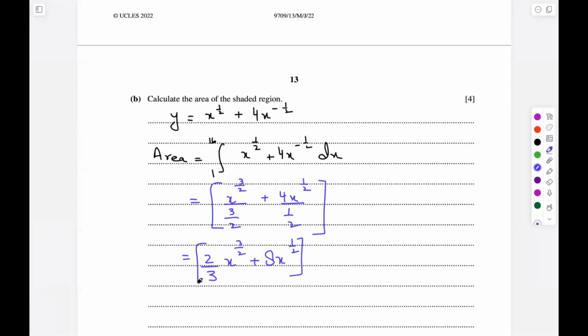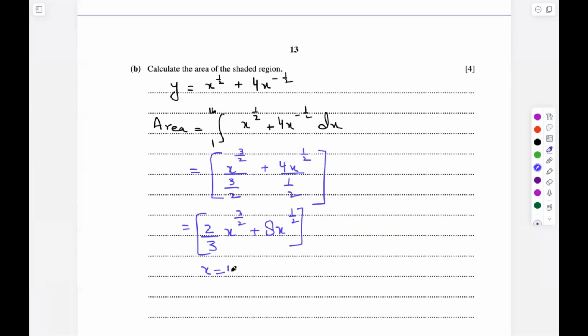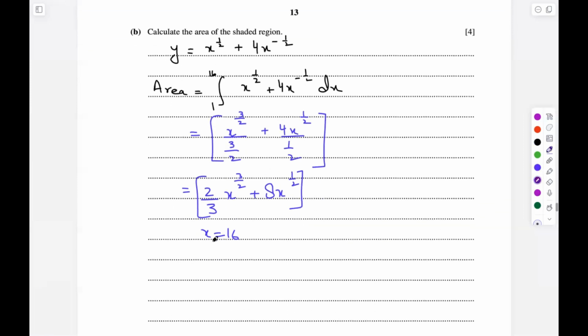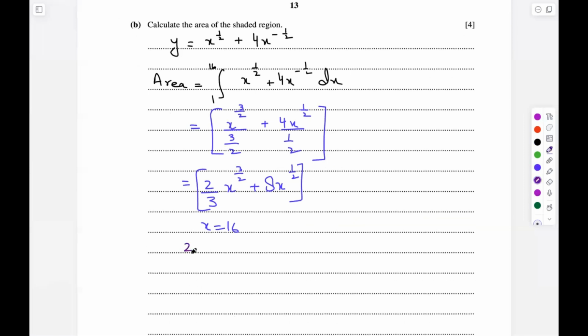Now substituting x equals 16 as the upper limit, this will become 2 upon 3 into 16 to the power 3 upon 2 plus 8 into 16 to the power 1 upon 2, and then subtracting it from the lower limit, which is x equals 1.